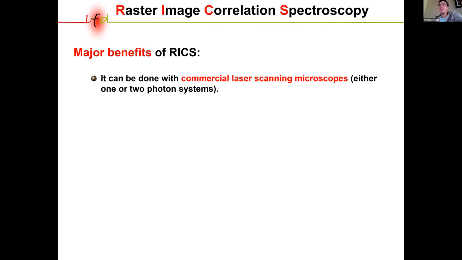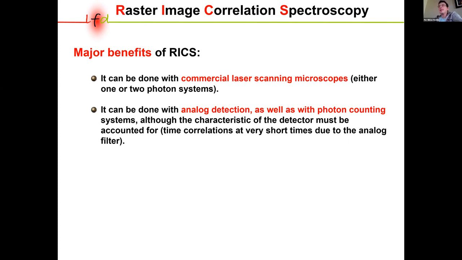Some of the advantages of RICS are that it can be done on a commercial laser scanning microscope, which can be a 1 or 2 photon system, in addition, of course, to some home-built instruments. It uses a photomultiplier detector or an avalanche photodiode, so it can work in analog detection mode as well as in photon counting mode.